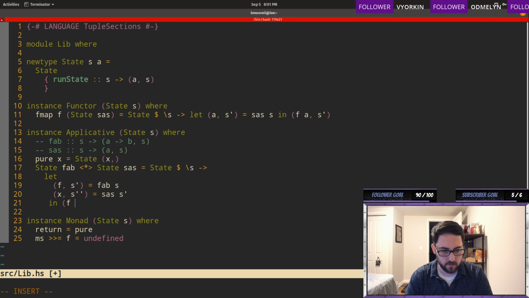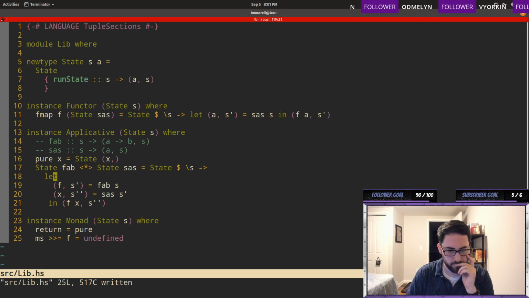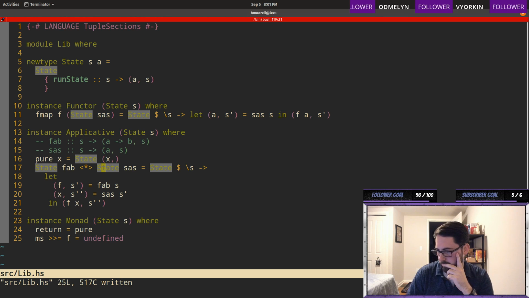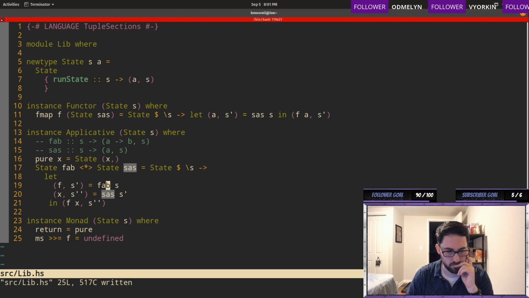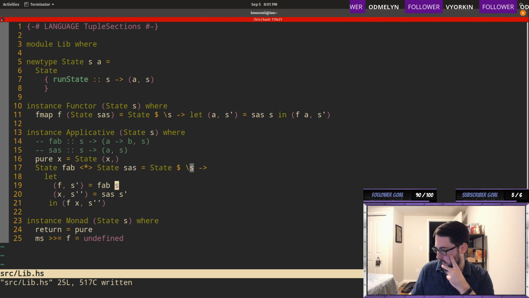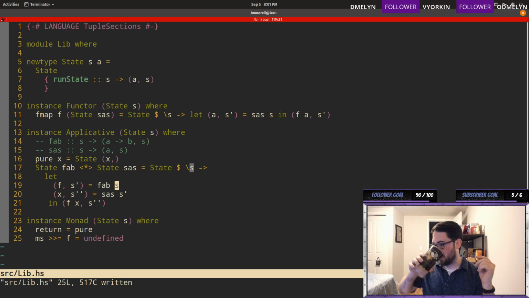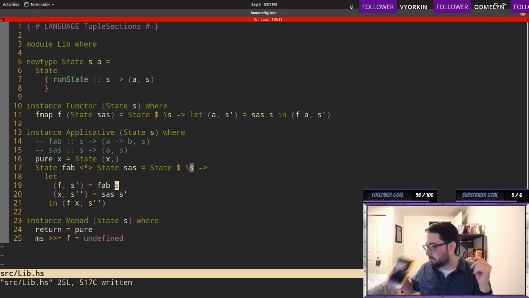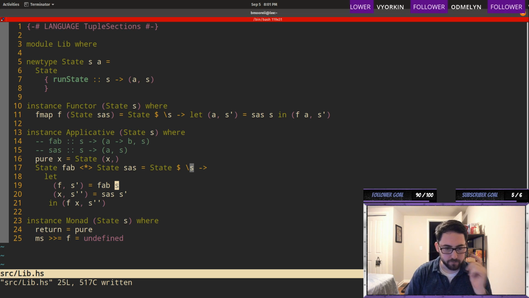So then I just need to do fxs double prime. Yes? I think this is what you mean. Okay.